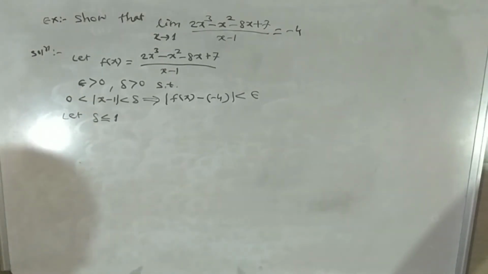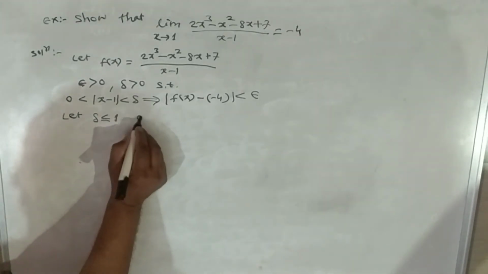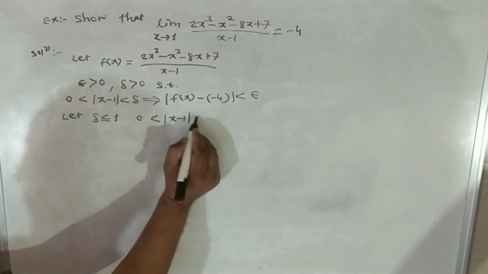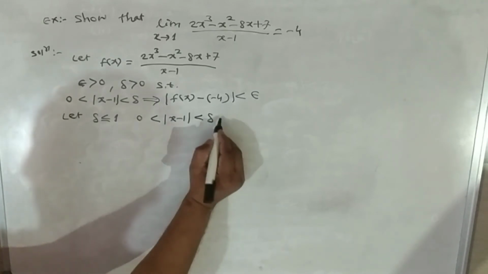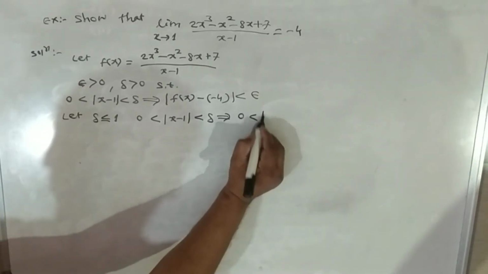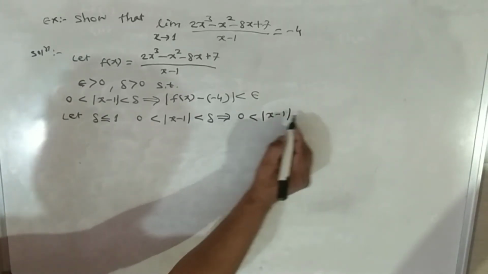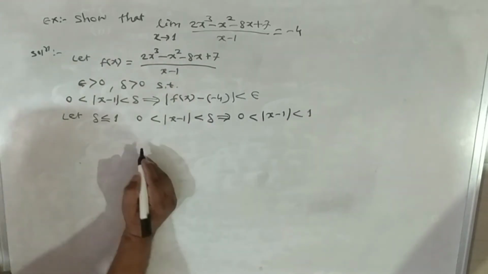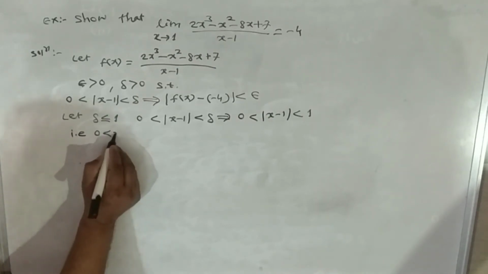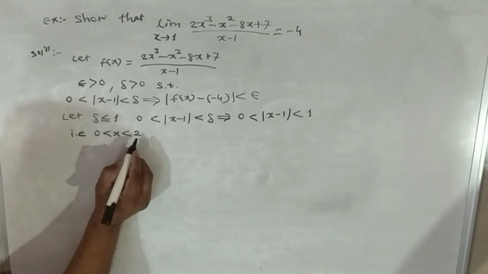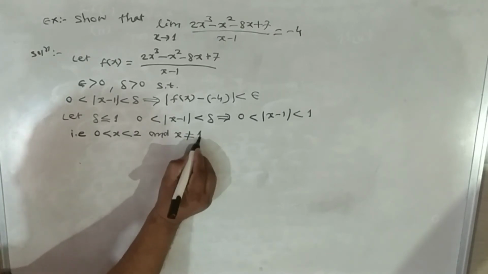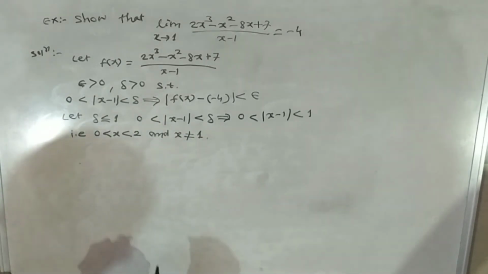If delta is less than or equal to 1, then 0 is less than mod x minus 1 is less than delta, and this implies that 0 is strictly less than mod x minus 1 is strictly less than 1, that is, 0 is strictly less than x is strictly less than 2, and x is not equal to 1.